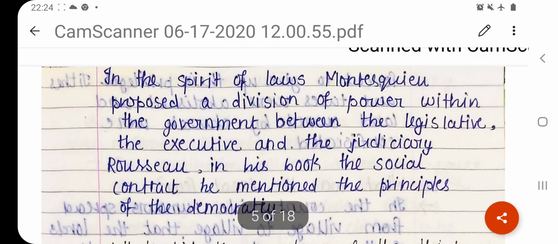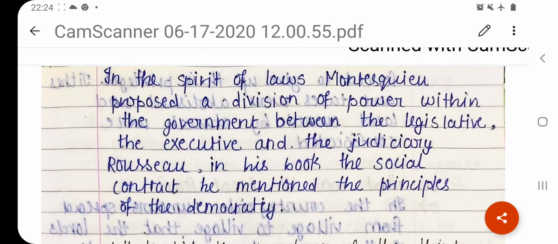Another person was Montesquieu, and he wrote in The Spirit of the Laws that there should be a division of power within the government between the legislature, executive, and the judiciary. This is something you must have studied in Class 8 Civics, where there are three organs of the government in India: the legislature, the executive, and the judiciary.